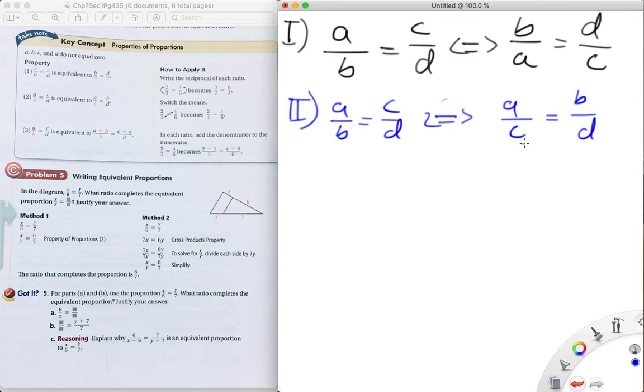If I cross multiply, I still get AD equal to BC. So these guys are the same. So I can switch the extremes. Up top, I can have the reciprocal. Okay.